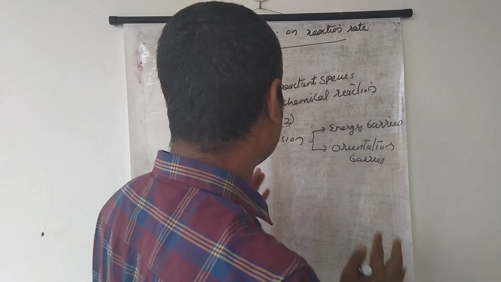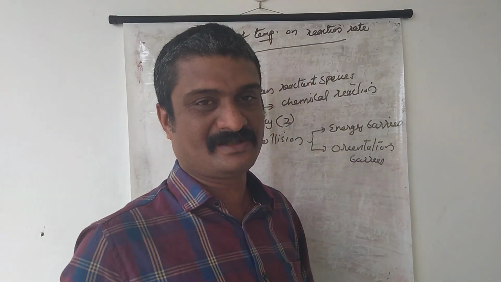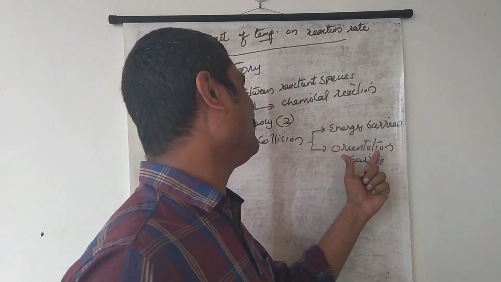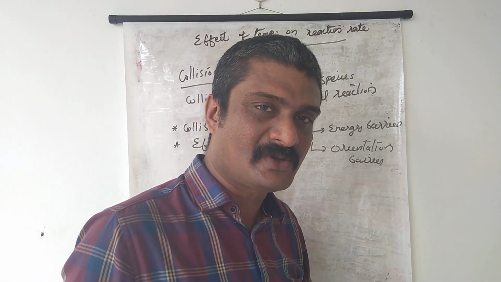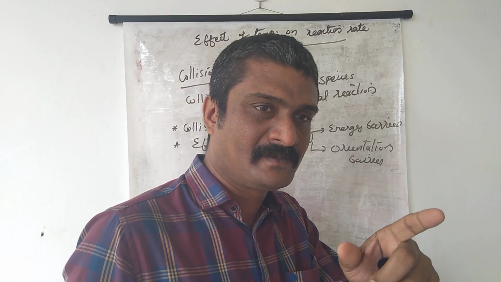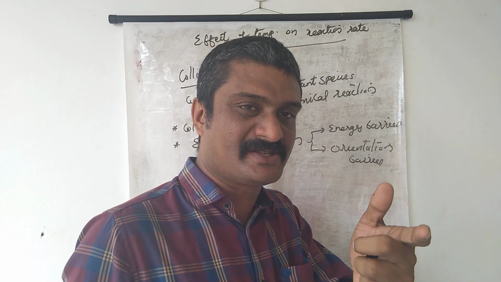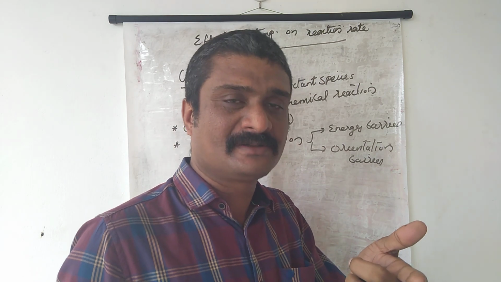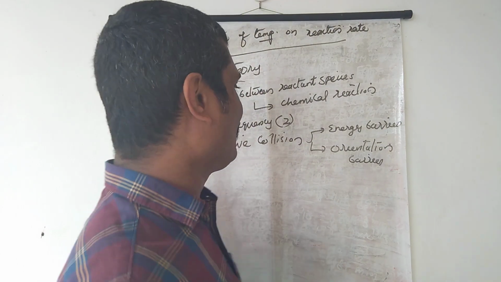The reactant species have to cross these two barriers, then only effective collision takes place. Due to the effective collision, the bonds between the reactant species may break and new bonds are formed. That means we will get products.